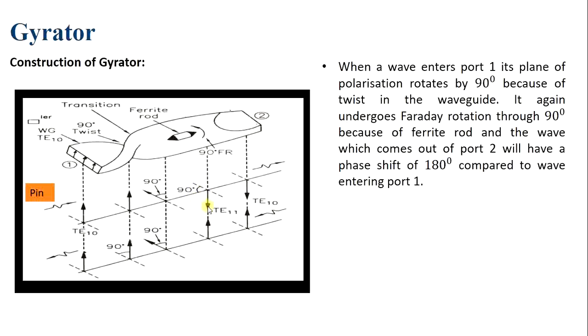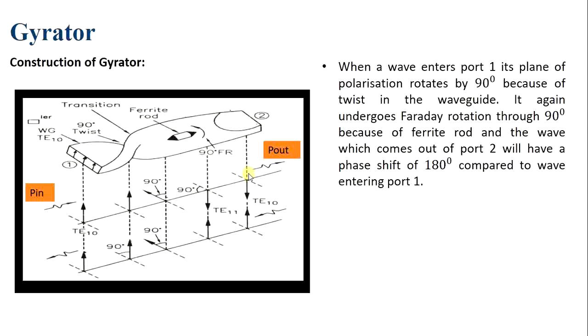So you can see the electric field vector is now downward in direction. This same signal comes out of port 2, vertically downward. So with respect to the input, this output is 180 degree phase shifted. In this way the phase shift is achieved when the signal is fed from port 1 and output is taken at port 2.